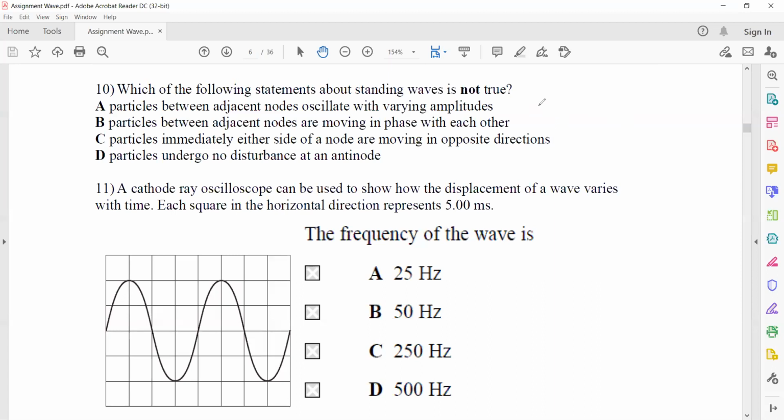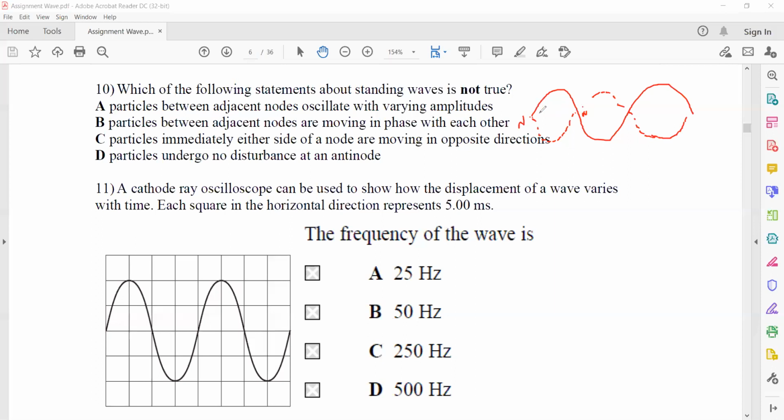When two waves combine, they give rise to a standing wave. Particles between the nodes oscillate with varying amplitude. Particles between the adjacent nodes, like this is one node, this is another, have varying amplitude.